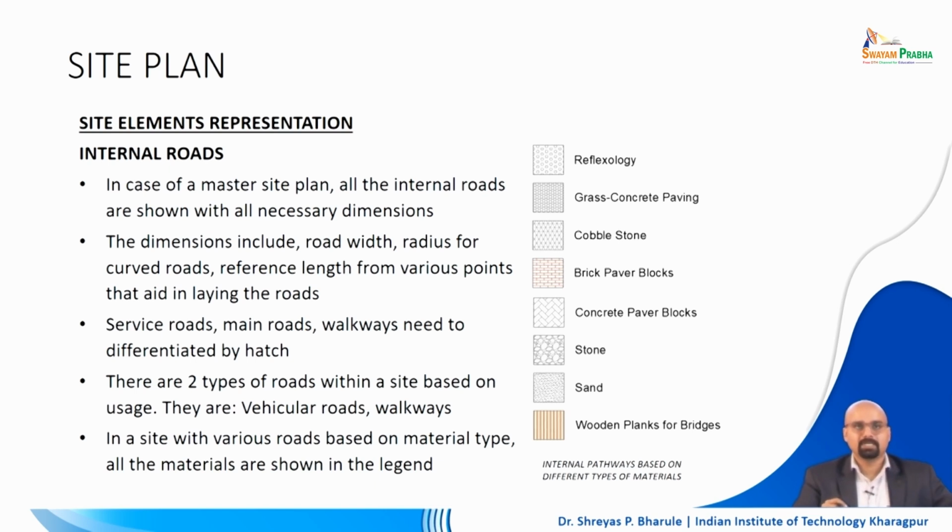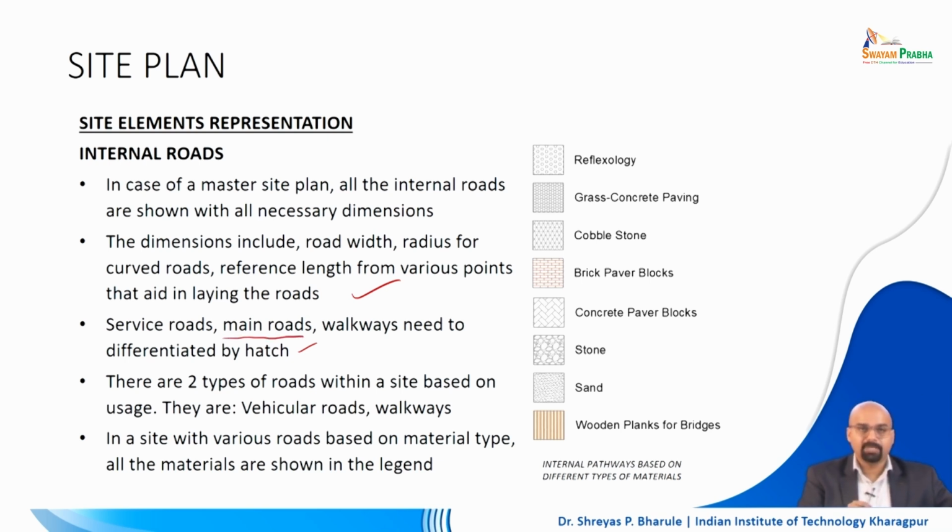So, in case of internal roads, you need to have different types of hatching, right. We did talk about radius for curvature, radius of road widths and all in the parking layout as well. The same thing is valid here as well. So, when you are doing internal roads, you have to mention all of these details and dimensions of the internal roads. Along with that, the roads vary with the type of roads which are there.